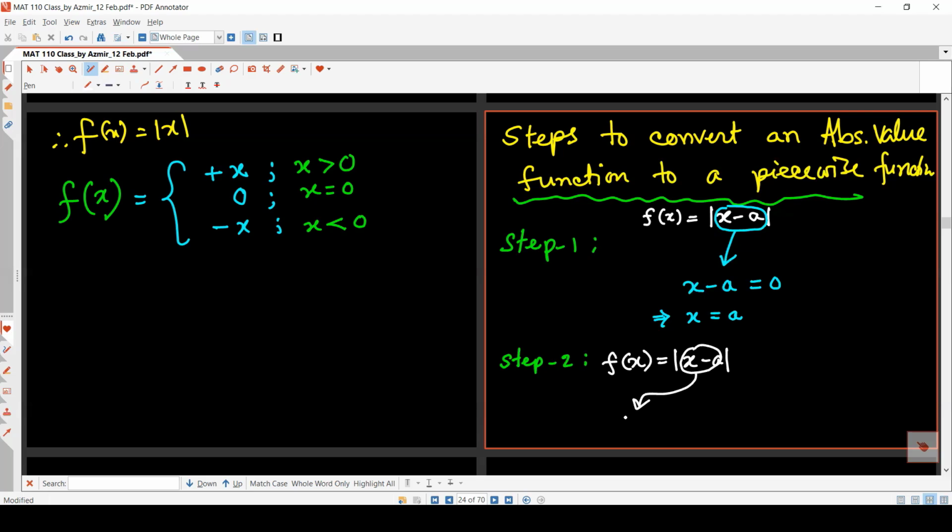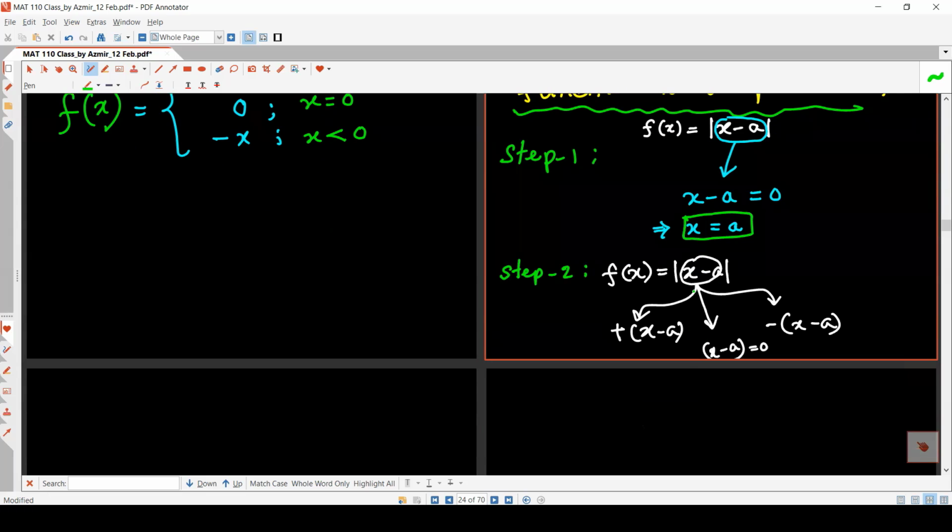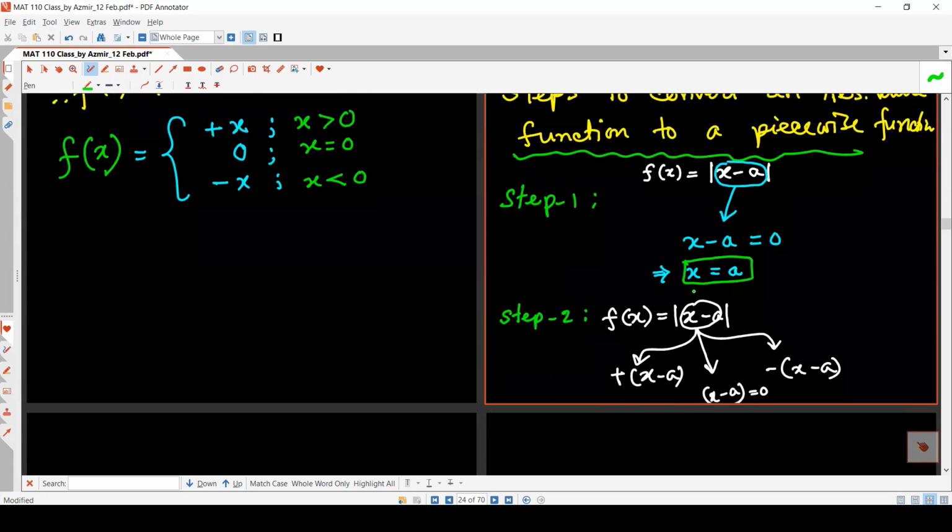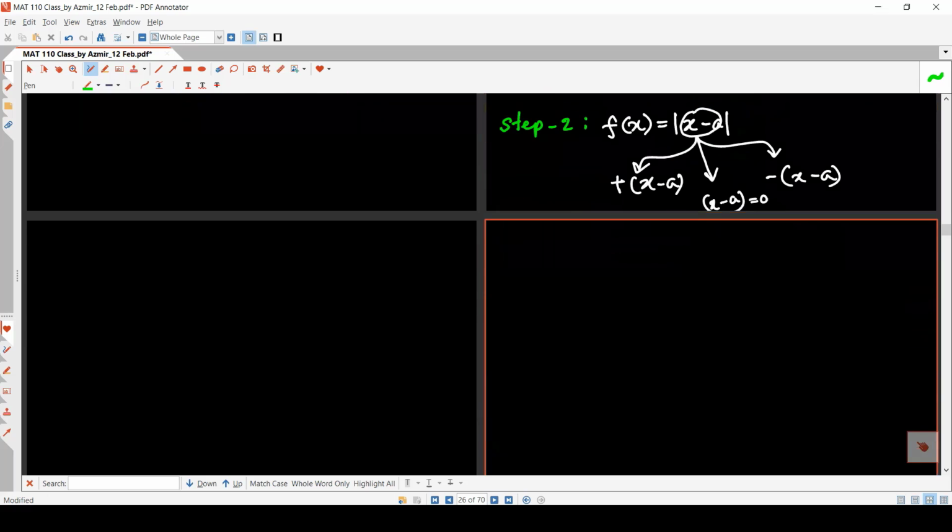This inside quantity can be either positive, can be either negative, can be either 0. So for 0, we have already solved in step 1. Okay, in step 2, you have to check this.